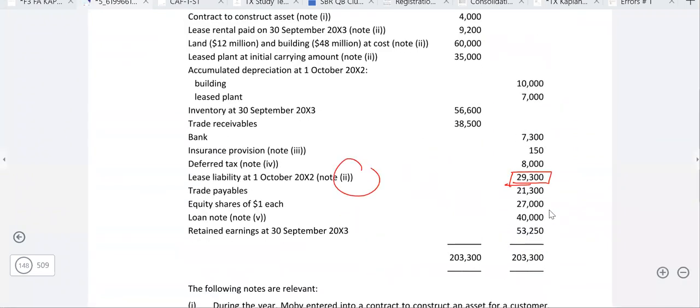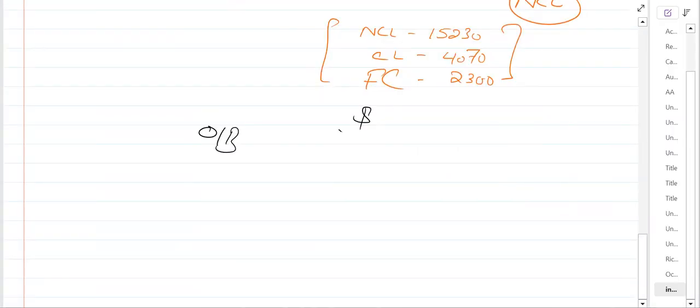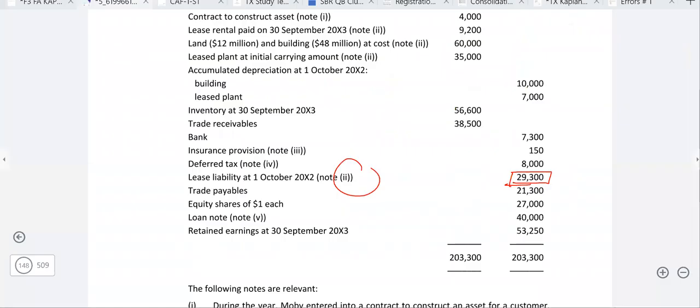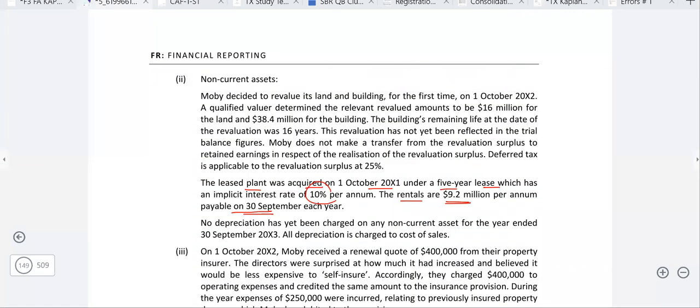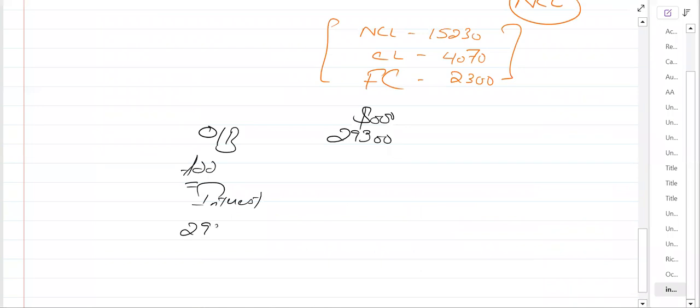It's 29,300, sorry, in 000. And then we add the interest on it. Interest is the implicit rate, which is given in the question, of 10%. So 29,300 into 10% is 2,930.